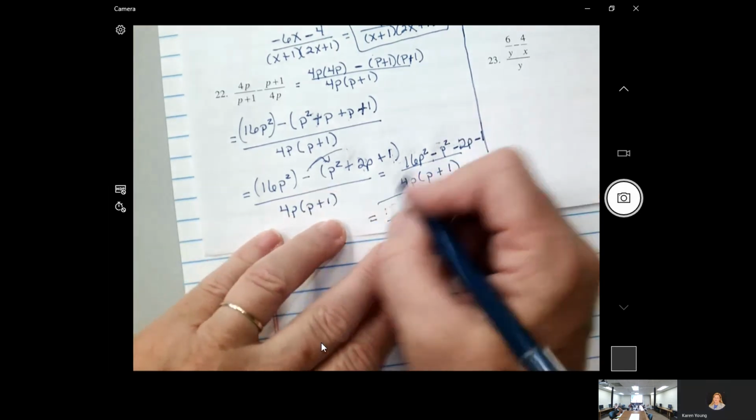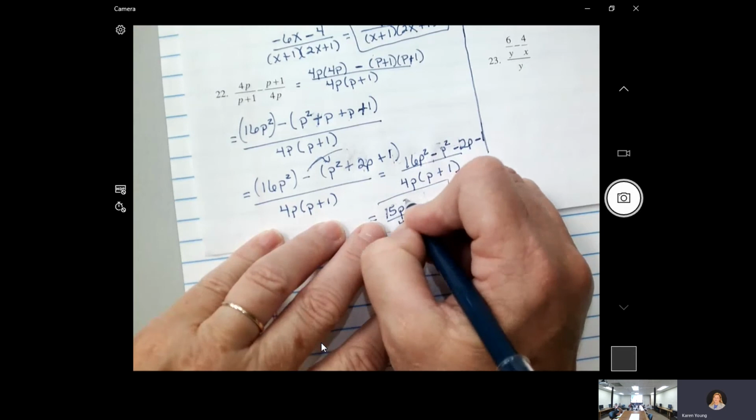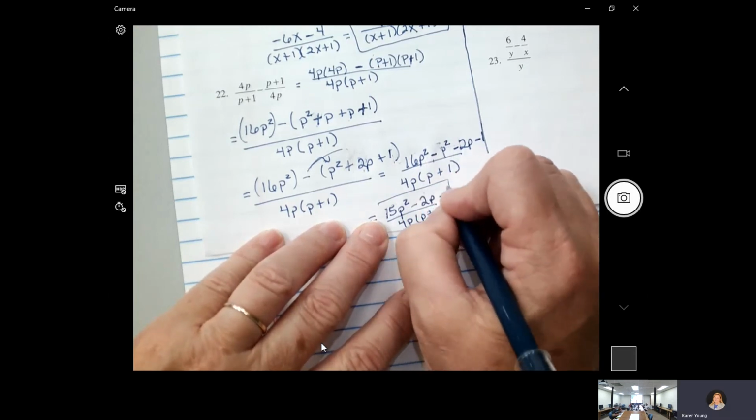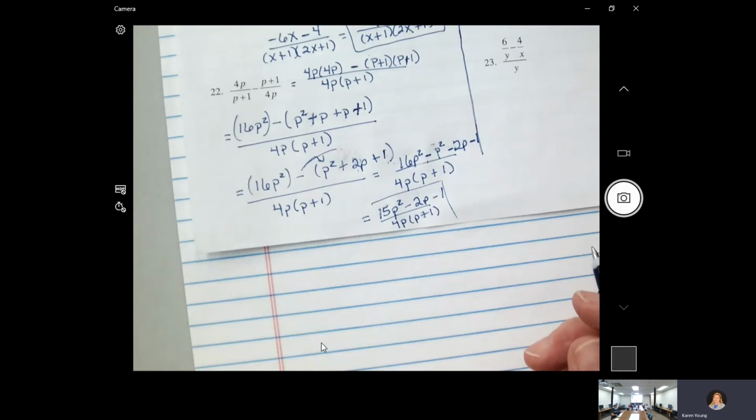So that gives me 15p squared minus 2p minus 1. And we're not even going to worry if that one factors or not. It does factor, but it doesn't cancel. Okay, then we won't worry about it. Yeah, 7 and 5, 3 and 5.